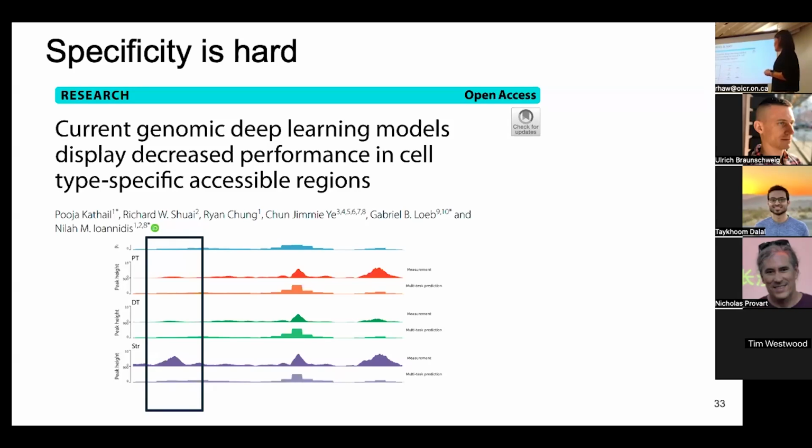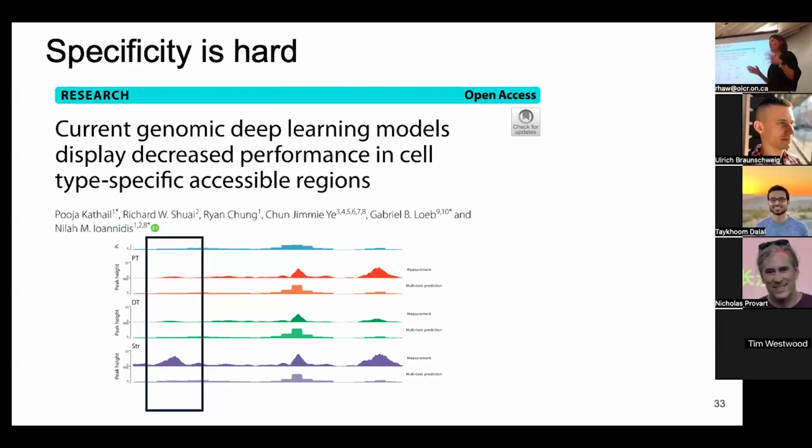But the basic observation is highlighted in this plot from the paper, where you have a cell type specific peak, which is there in the box. These are cell types, with actual measurements and predictions, and there are these common peaks on the plot, and then there's a cell type specific peak. The model fails to predict it.